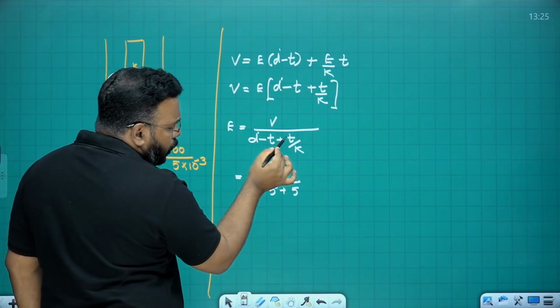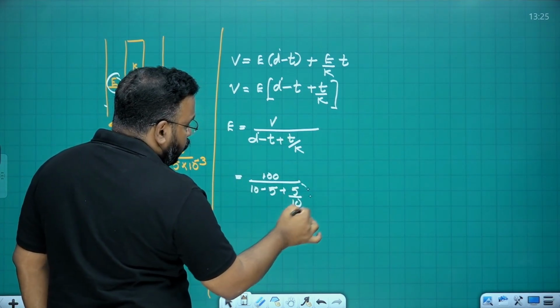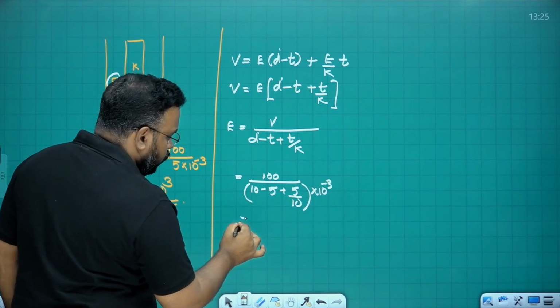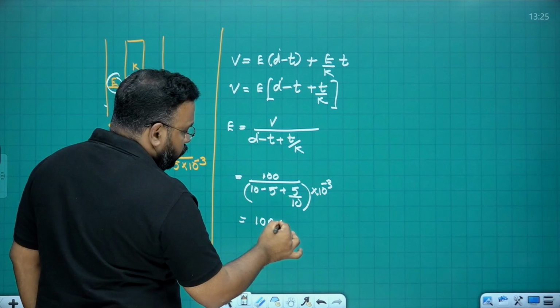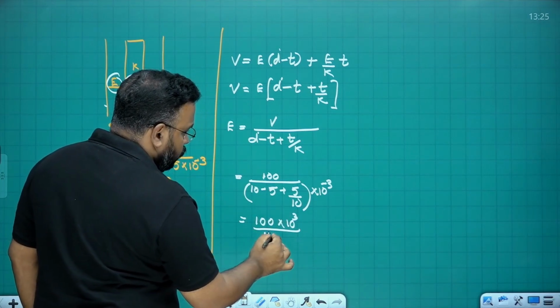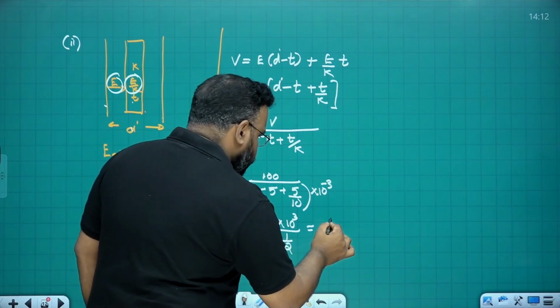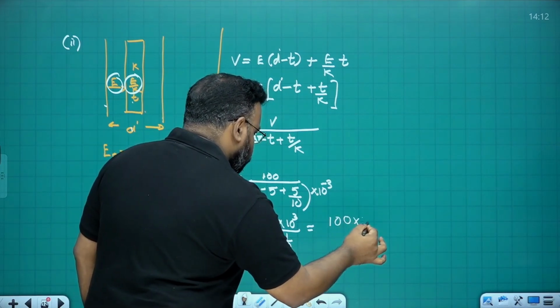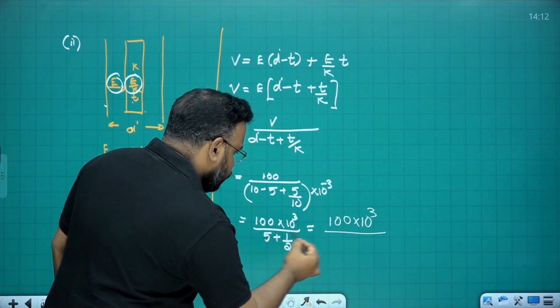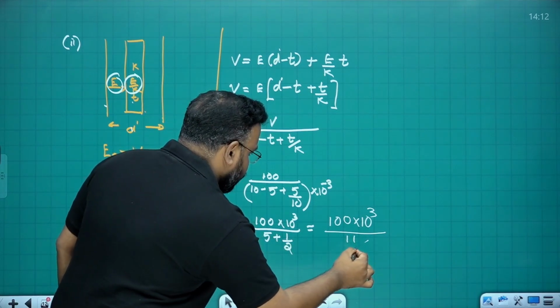Remember these distances are in millimeters, so 10 power minus 3 will come, and that 10 power minus 3 will go up. So we get 100 into 10 power 3 divided by 10 minus 5 is 5, plus 1 by 2, that is 11 by 2.